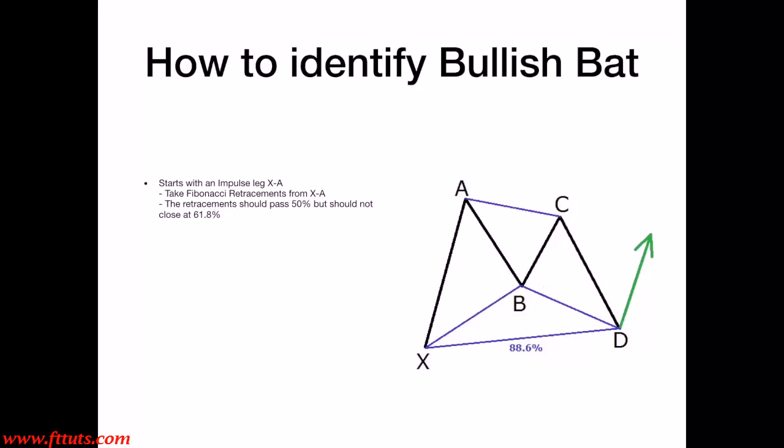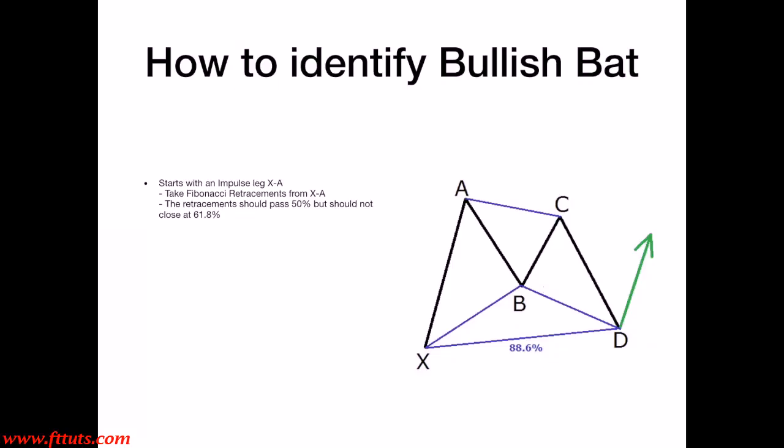Meaning that now you take the Fibonacci retracement from X up until A. That means X is going to be where 100% is, and A is actually going to be where the 0% is. And the retracement, which is B now, but I will speak about it on the next point, should pass 50% but should not close at 61.8%.